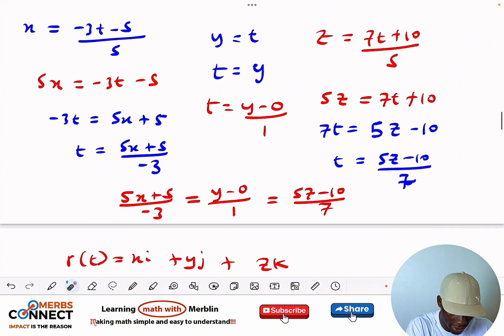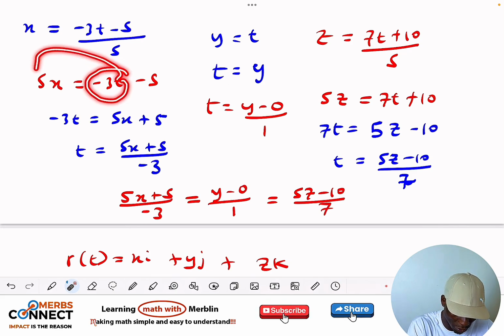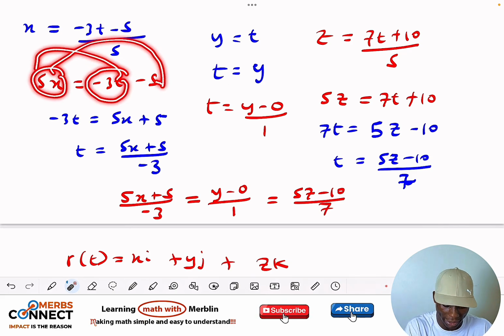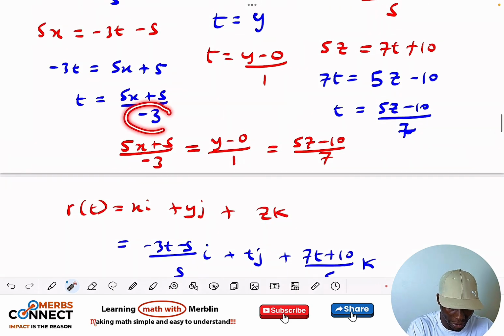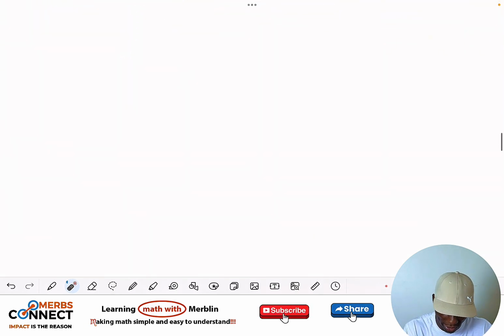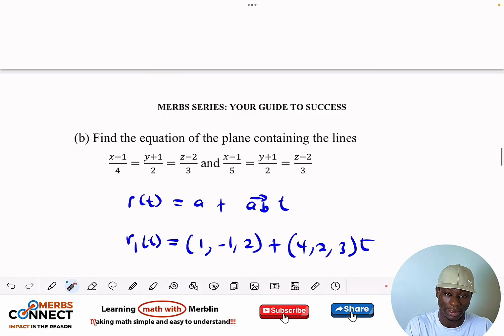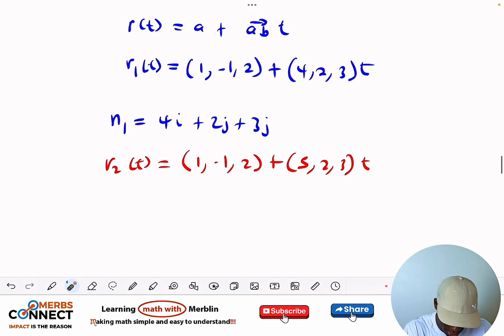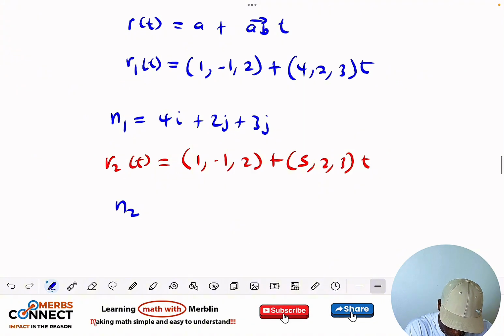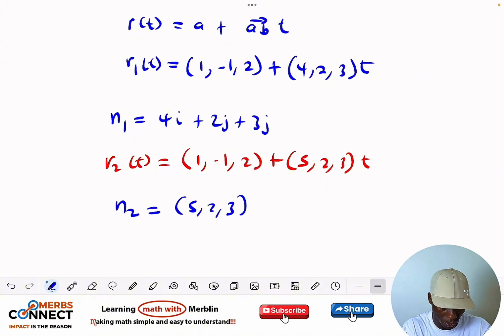For example, here, I could have moved the minus 3 to this side and moved this one to this side. But if you do that, you change the directional vectors. So here, they maintain it so that you can write out the directional vectors. So I'm going to write N2 to be equal to 5, 2, 3. Yes, so this is what is going to be my vectors.